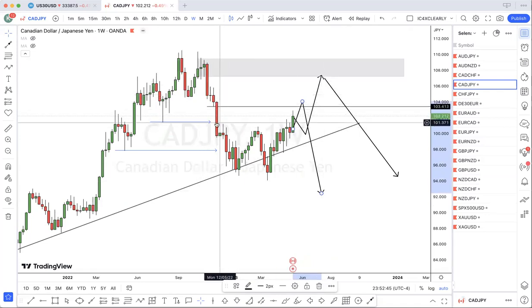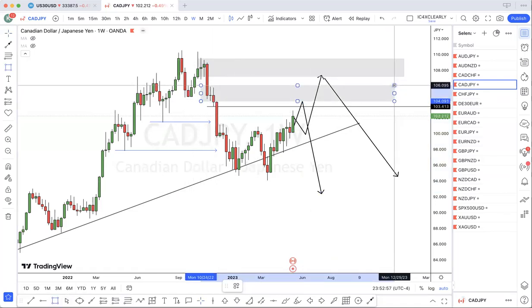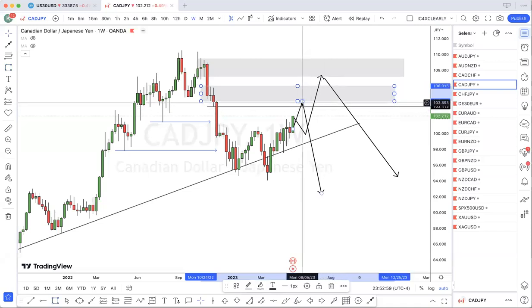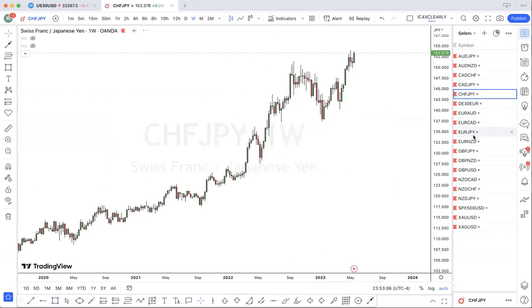This was the actual order block that broke structure, so price may just come here and then drop. Okay, so that's CAD JPY.